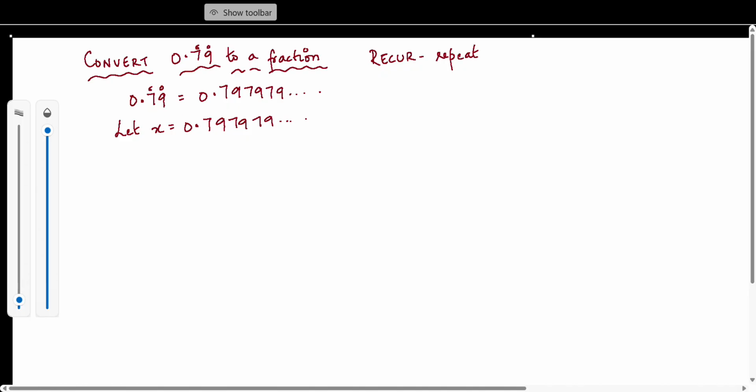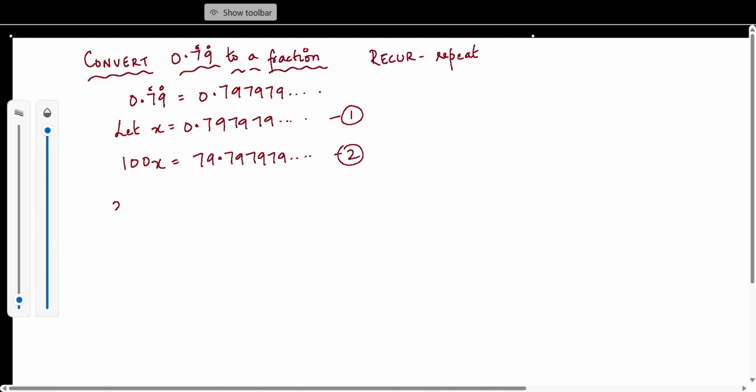So depending on whether it is 1, 2 or 3, we'll have to correspondingly multiply it with the 10, 100 or 1000. Since both the number of decimal places and the ones that's repeating is 2, 100x should be 79.797979 and so on. Mark this to be 1, this to be 2.